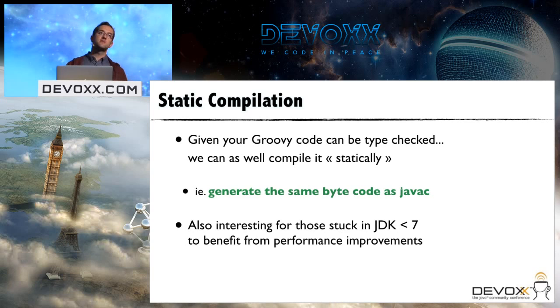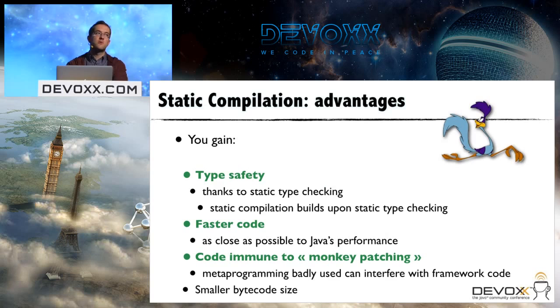For those parts of your code base, because static compilation relies on static type checking, for all those non-highly dynamic parts of your application, you can say @CompileStatic to say, okay, I want this method or this class to be statically compiled to generate the same bytecode as javac to get more or less the same performance as Java.